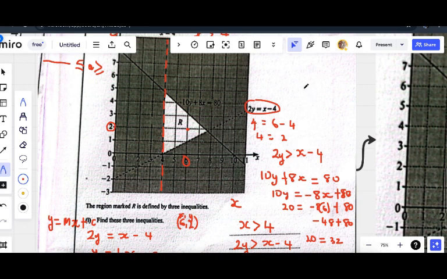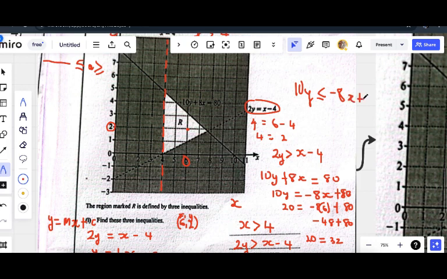You say 10y is lesser than, or equal to, minus 8x plus 80.